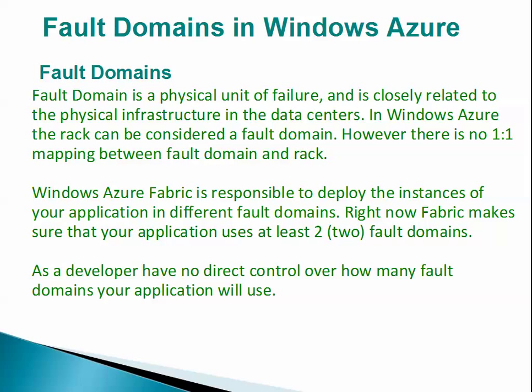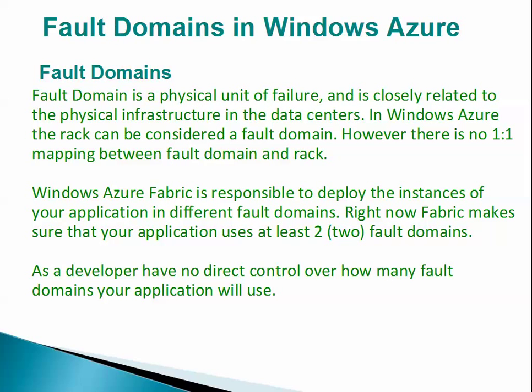So whenever we deploy our application with 2 role instances, the fabric controller will automatically deploy each role instance to a different fault domain.